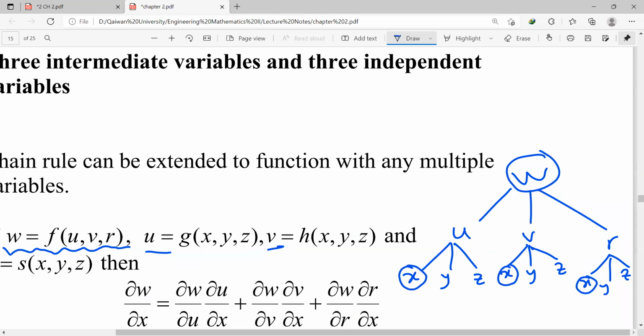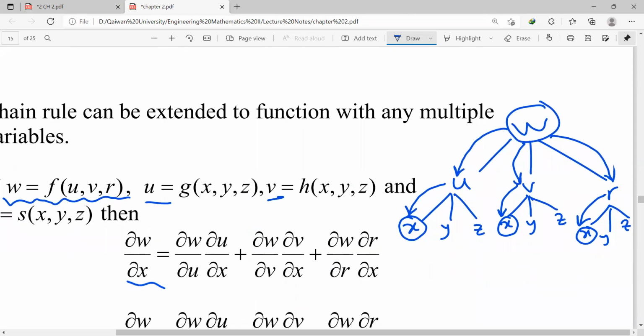We say it equals partial w by partial u times partial u by partial x, plus partial w by partial v times partial v by partial x, plus partial w by partial r times partial r by partial x. This is partial w by partial x.